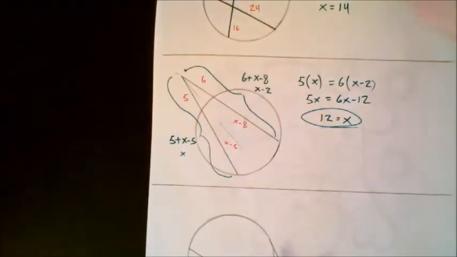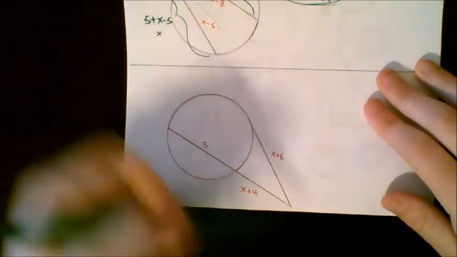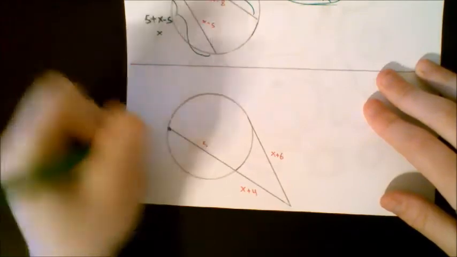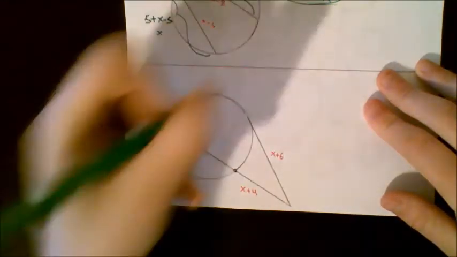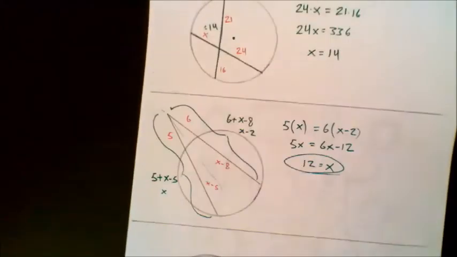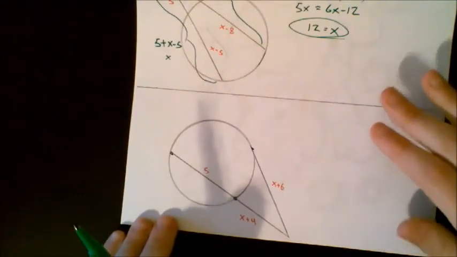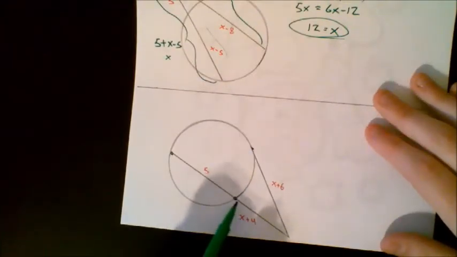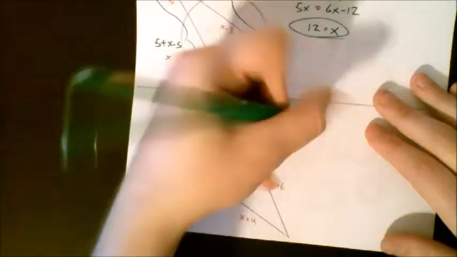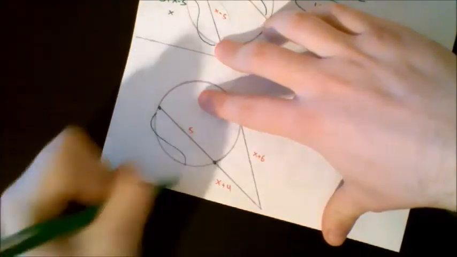Okay. Now, the third type is when we have a secant and a tangent. So remember, a secant passes a circle in two spots, whereas a tangent only passes in one. So this is going to be similar to the secant-secant scenario, except we take this outside part, this x plus 4 segment, and multiply it with the entire part here.